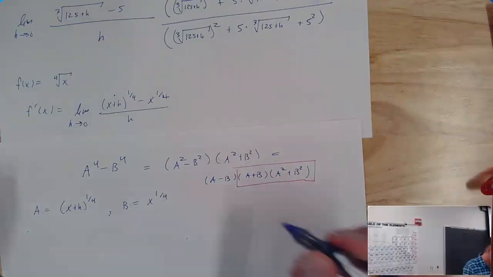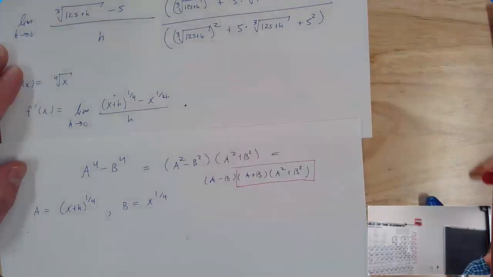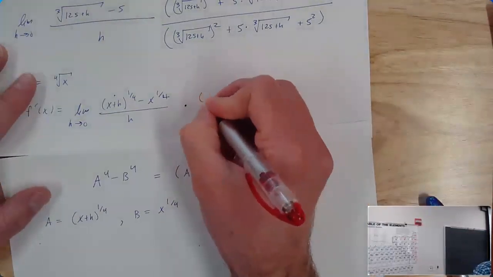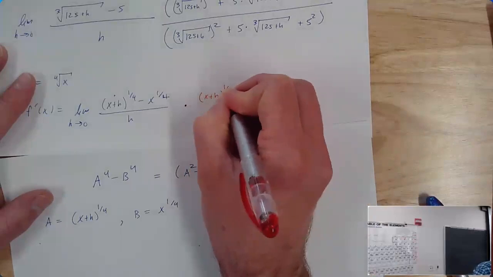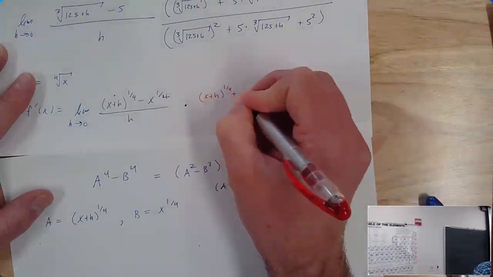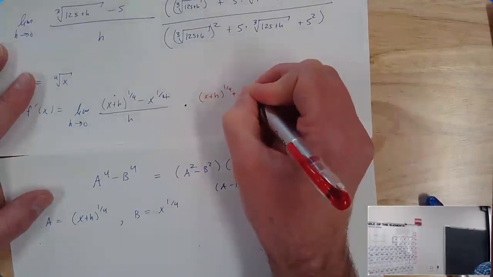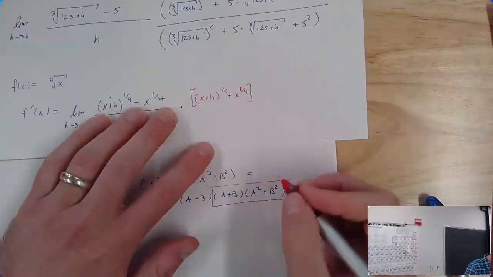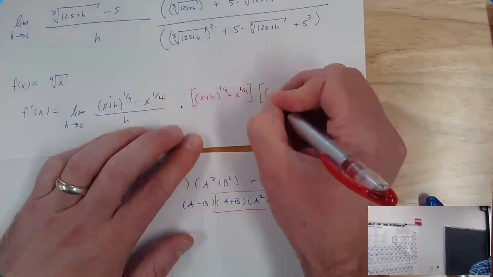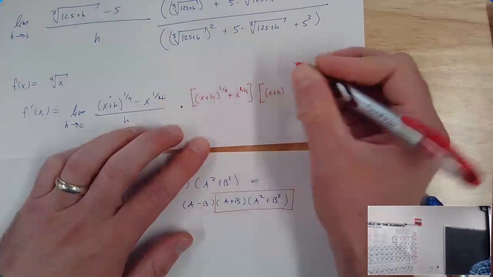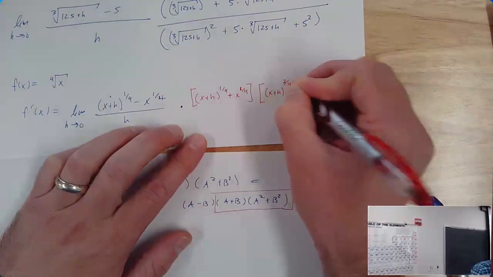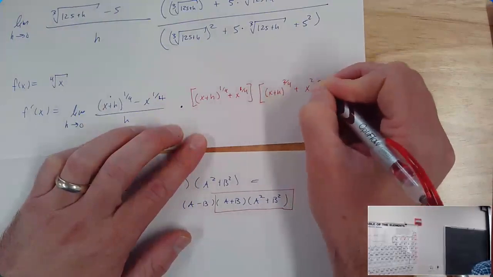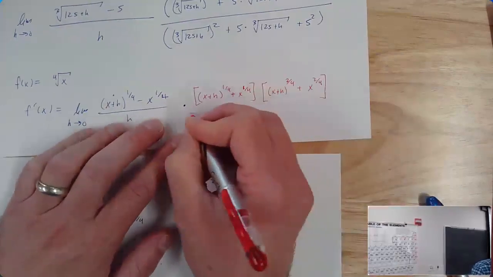So if I was trying to deal with this, I would end up multiplying it by x plus h to the 1/4 plus x to the 1/4, times x plus h to the 1/4 squared plus x to the 1/4 squared. So that's x plus h to the 2/4 plus x to the 2/4, which I know simplifies to 1/2, but I'm not worrying about that.